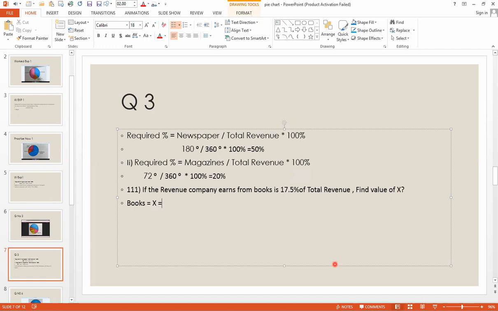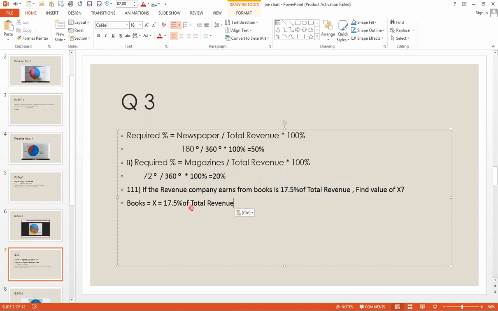Now please concentrate on the question once again. Look here: 17.5% of total revenue. I have to copy this sentence from here for your understanding, because this is very much important.